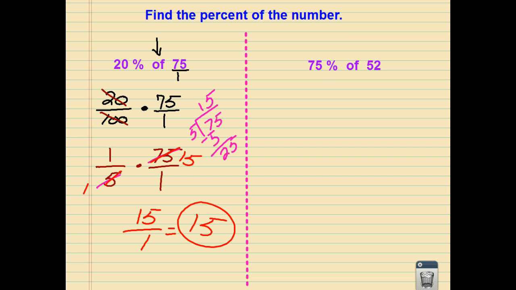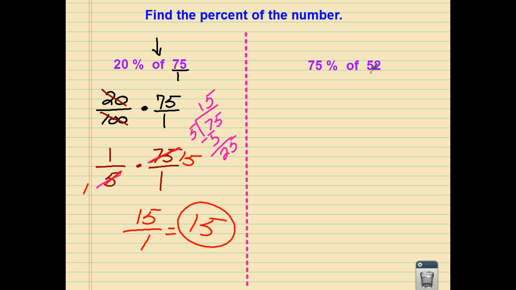Okay, next scenario, we have 75% of 52. I'd like you to actually write down a real world example of what you might have when you're taking 75% of 52. And then I'd like you to bring that to class and we'll see what kind of scenarios you came up with.